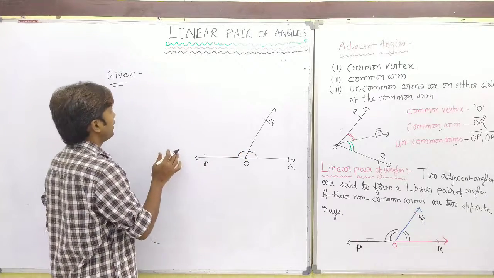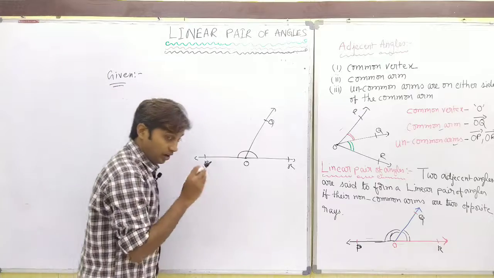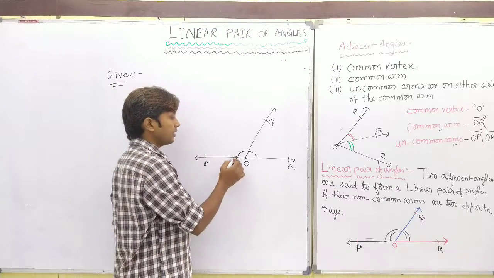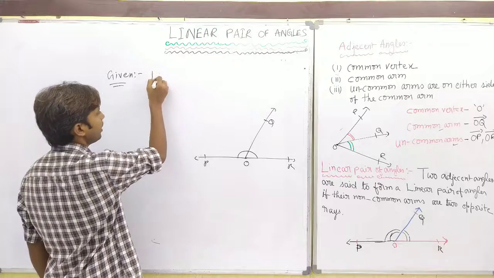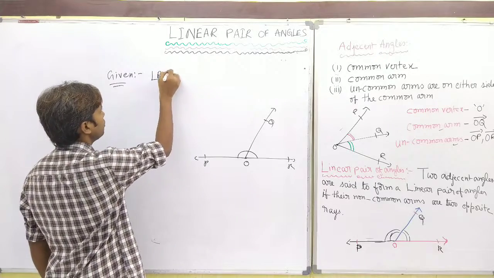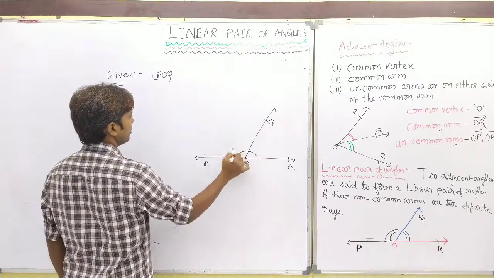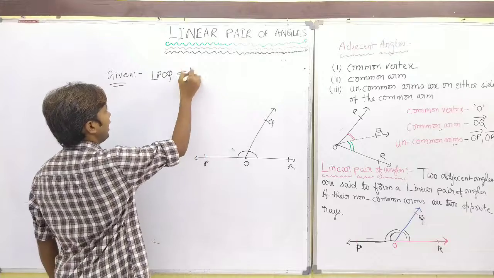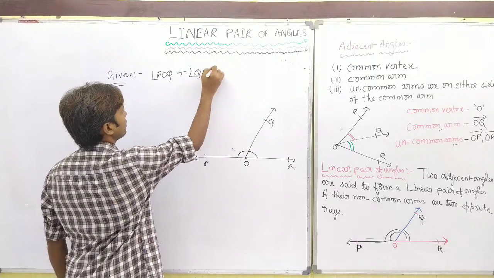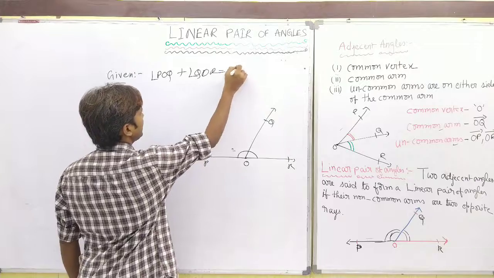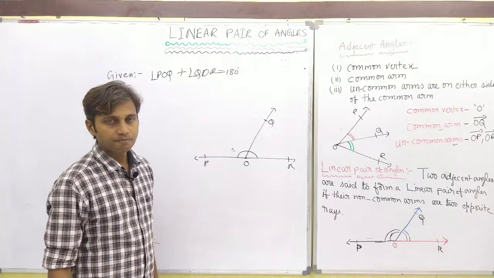Now what we have to prove? Given is that the sum of the adjacent angles is 180. Means what are the adjacent angles here? Angle POQ means this one, and angle QOR equal to 180 degrees. This is given.